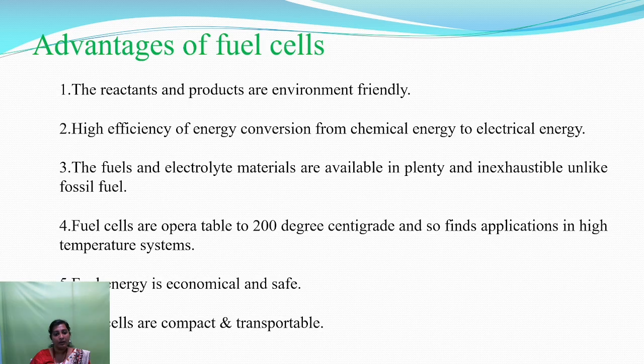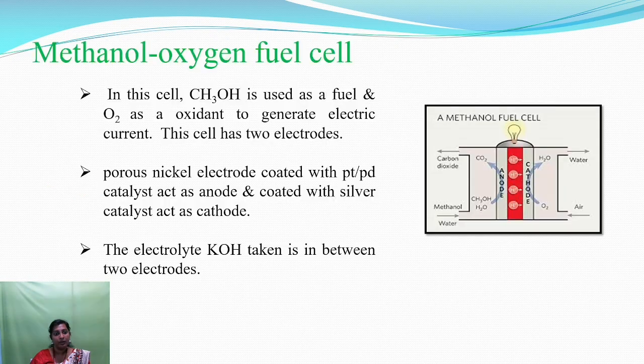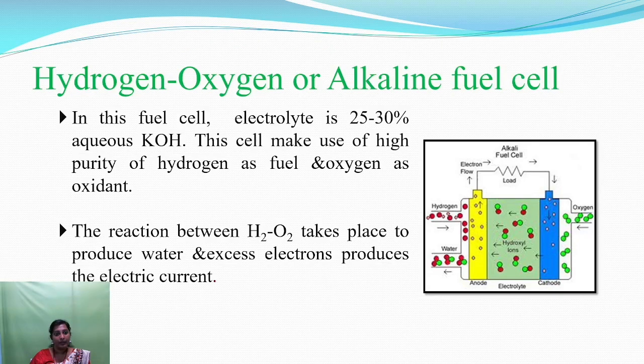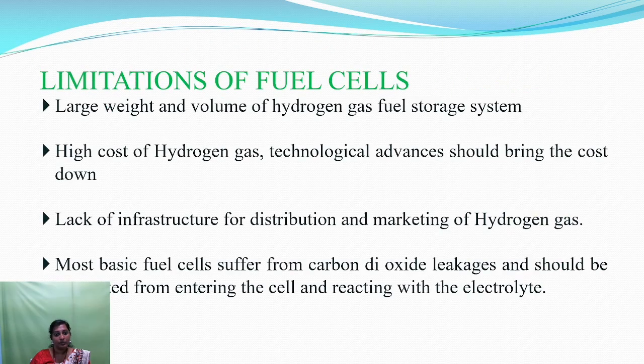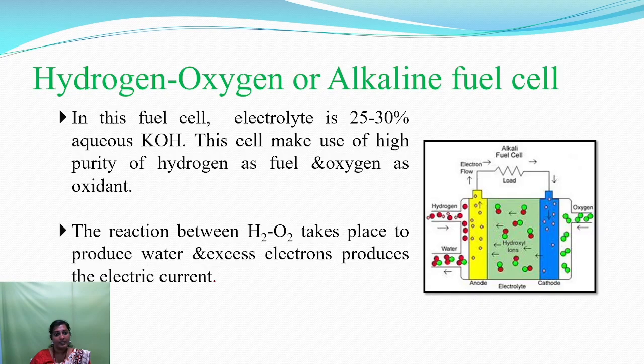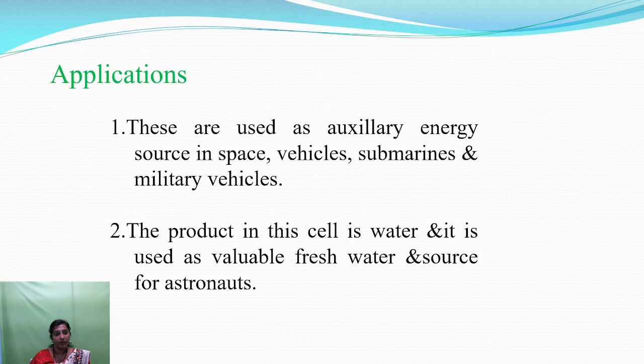Fuel cells are operable up to 200 degrees centigrade and so find applications in high temperature systems. Fuel energy is economical and safe. Fuel cells are compact and transportable. These are the advantages of fuel cells. Two types of fuel cells are here: first, the hydrogen oxygen fuel cell, and another, the methanol oxygen fuel cell.